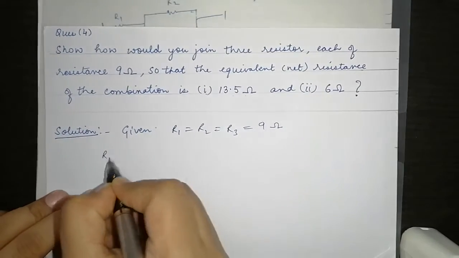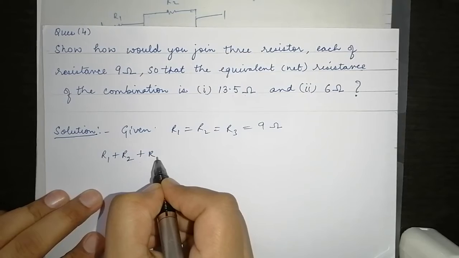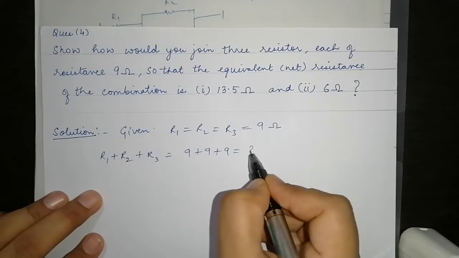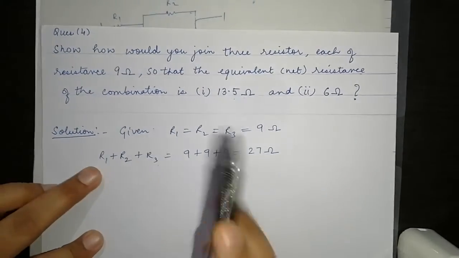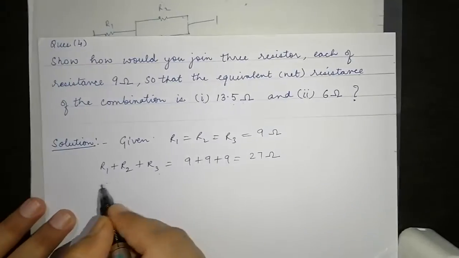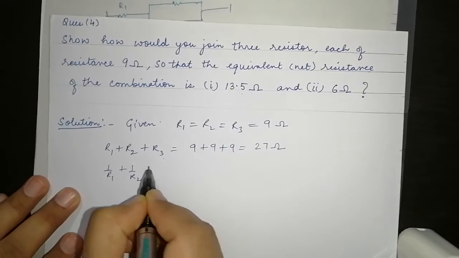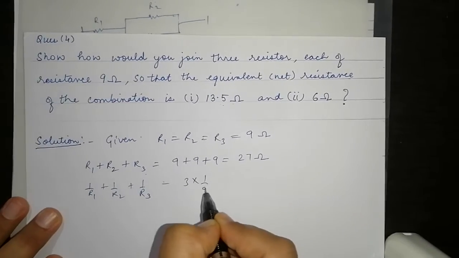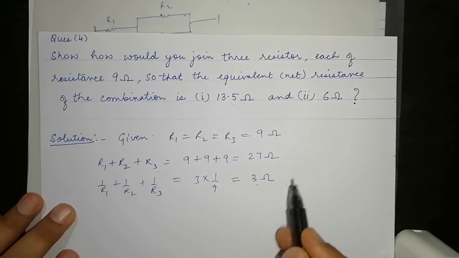Clearly, if we join all three in series, R1 plus R2 plus R3, then it becomes 9 plus 9 plus 9, that is 27 ohm, which is more than required. So all three resistors will not be in series. Similarly, if we combine them in parallel, 1 upon R1 plus 1 upon R2 plus 1 upon R3 comes out to be 3 times 1 by 9, so this comes out to be 3 ohm, which is again not required.